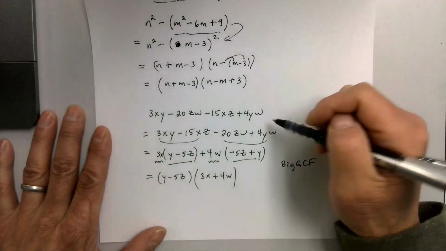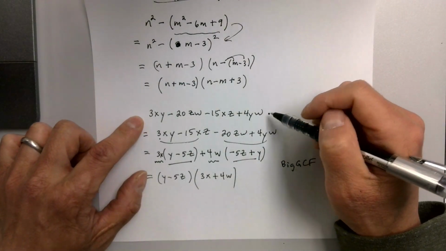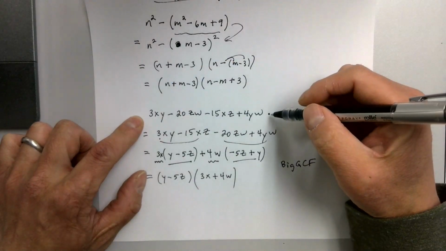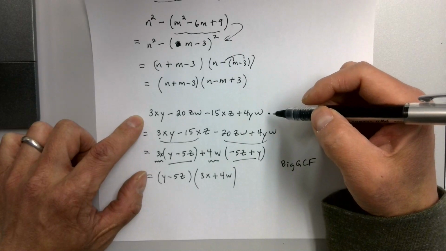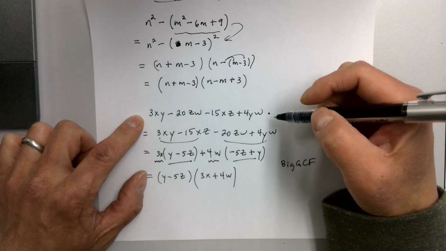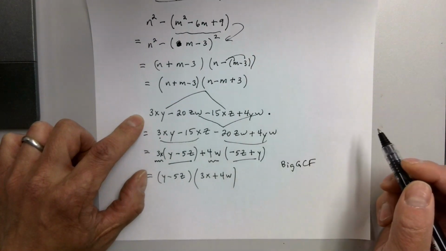Okay, so let's go over that. We didn't see a perfect square trinomial. We didn't see a GCF that all four terms had, or a GCF that three out of the four terms had. So we got a GCF out of two terms. These two terms had a GCF, and these two terms had a GCF.